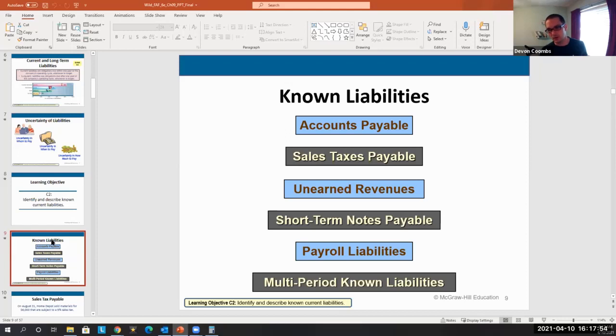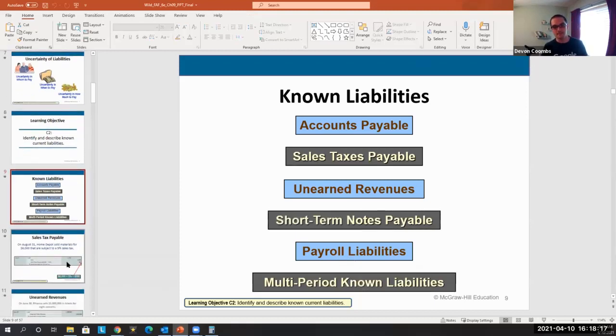That's a new terminology. So unearned revenue, deferred revenue, and contract liability are all synonymous terms. Short-term notes payable, so that means that we owe a debt to a creditor within a year. Payroll liabilities, so liabilities that we owe for our staff. And then multi-period known liabilities, which we'll go into in a little more detail.